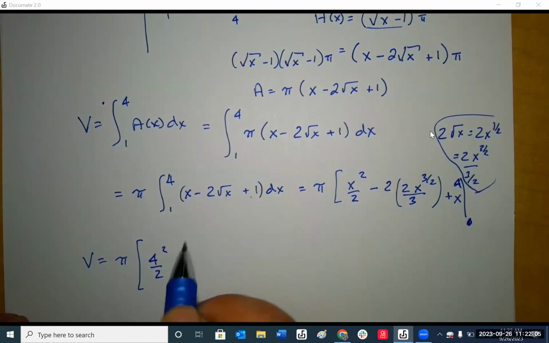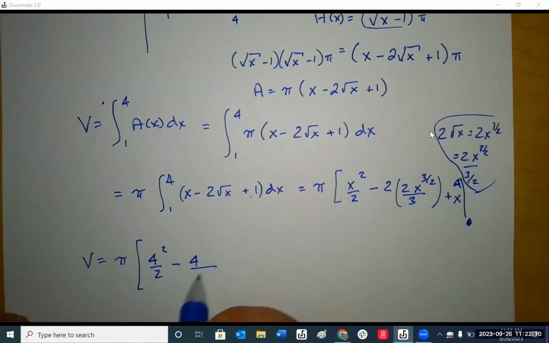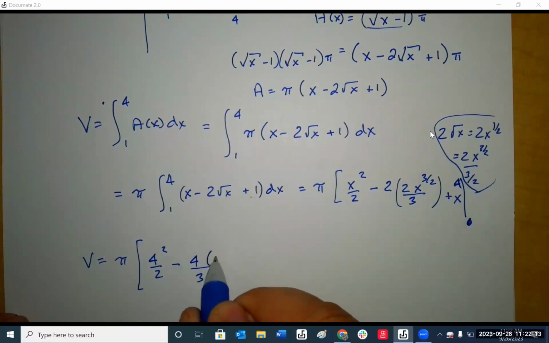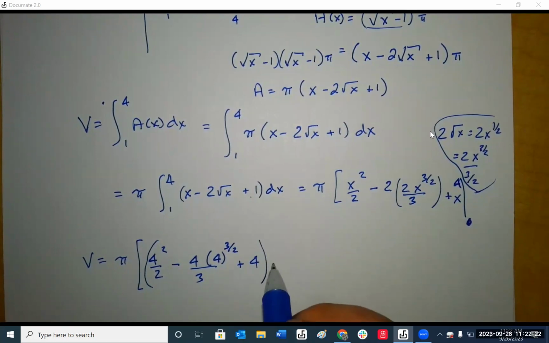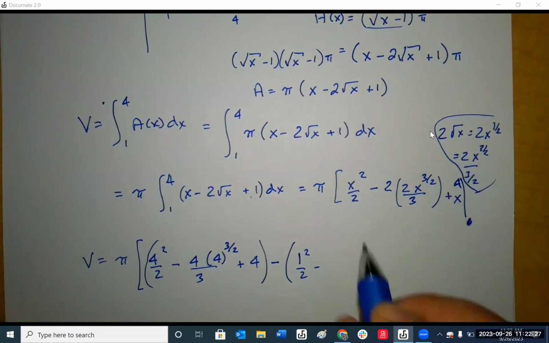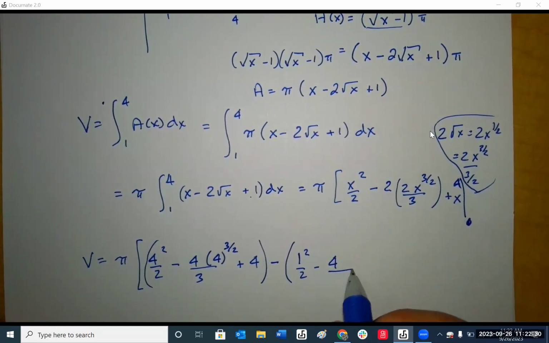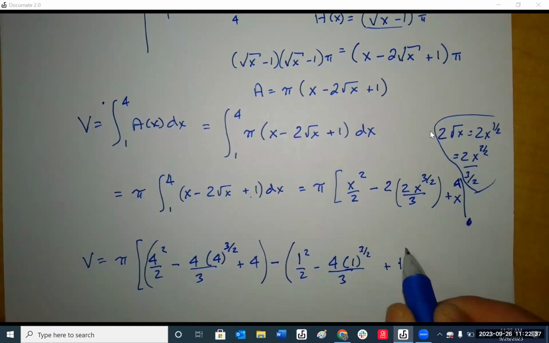Four squared over 2. This becomes 4 over 3 times 4 to the 3/2, plus 4, minus 1 squared over 2, 1 to the 3/2 power, plus 1.